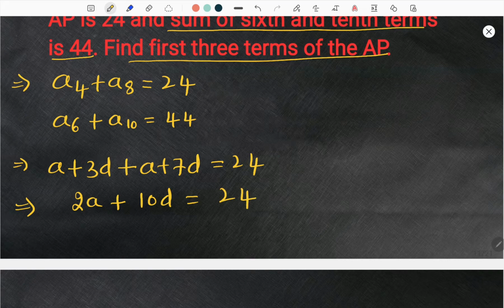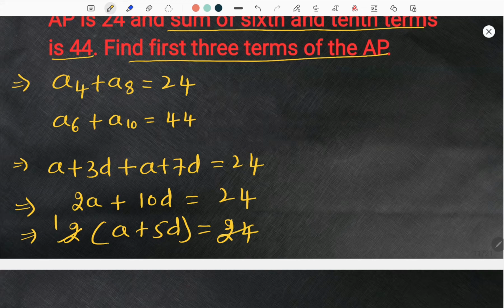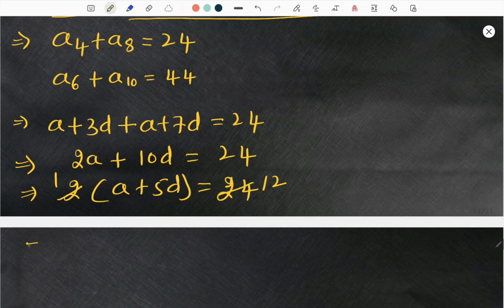Otherwise you can take common: 2 bracket a plus 5d is equal to 24. 2 1s are 2, 12 2s are 24, and ultimately it becomes a plus 5d is equal to 12. Let me call it equation number 1.